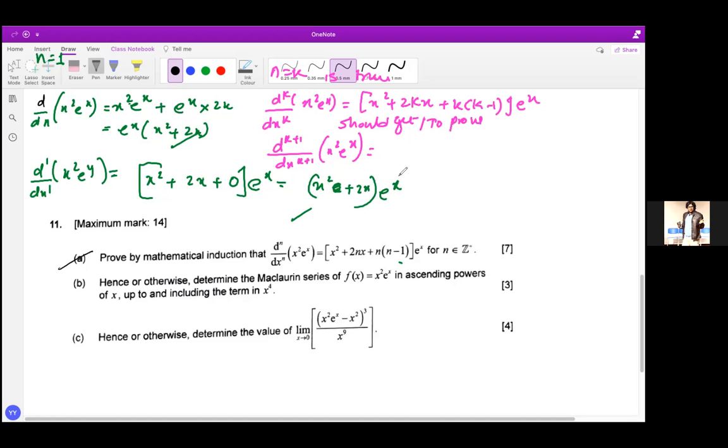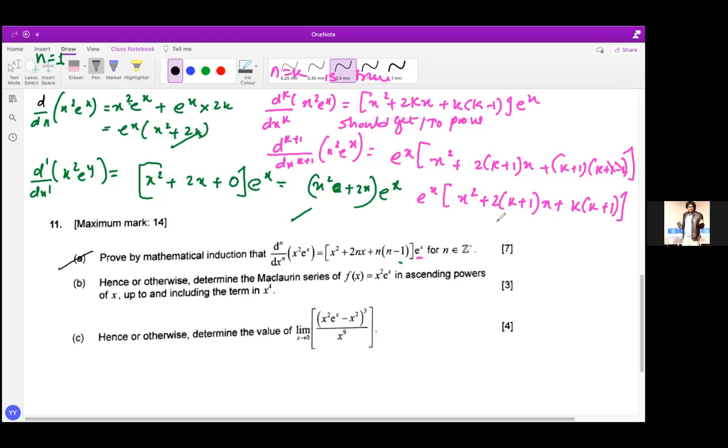So it should be e to the power x as it is, and x squared plus 2 times k plus 1 times x plus k plus 1 times k plus 1 minus 1. So the plus 1 and minus 1 cancel, and you get e to the power x times (x squared plus 2(k plus 1)x plus k times (k plus 1)). This is what I have to prove. This is what I should get.